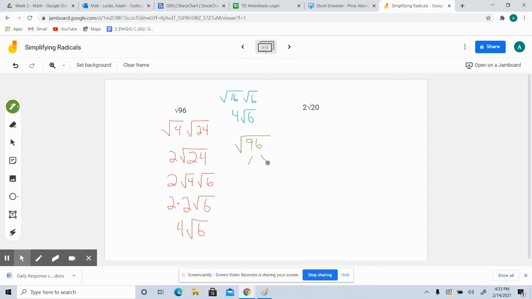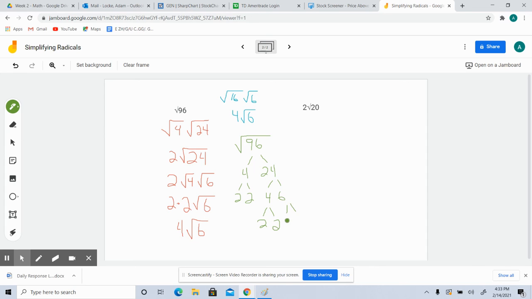To give you this same thing in the other way, we already know 4 and 24 work as factors. 4 can be broken down into 2 and 2. 24 into 4 and 6. 4 into 2 and 2.